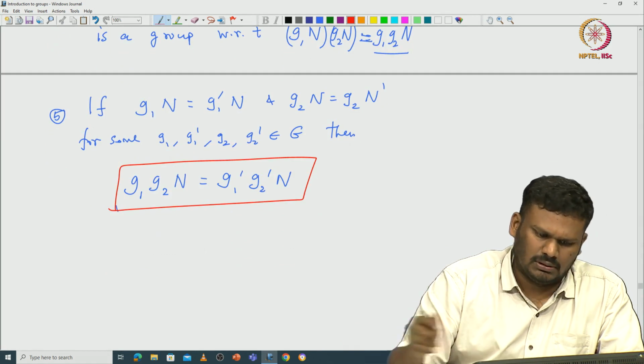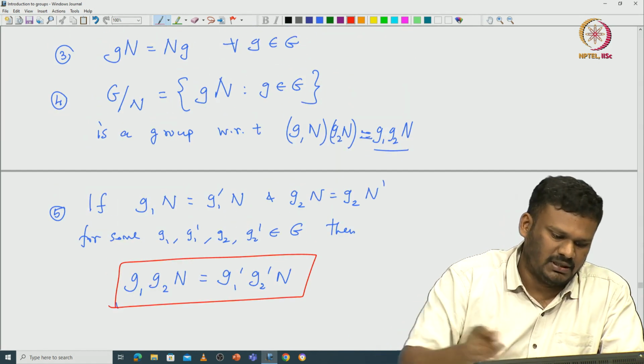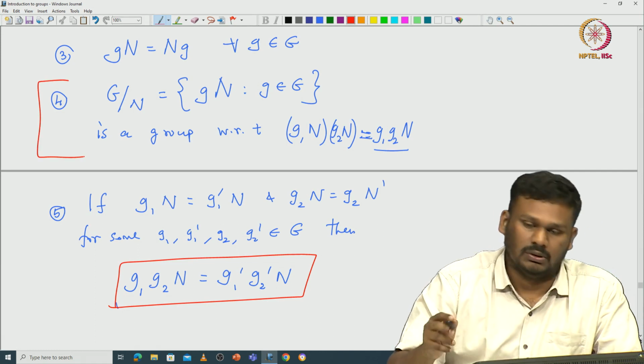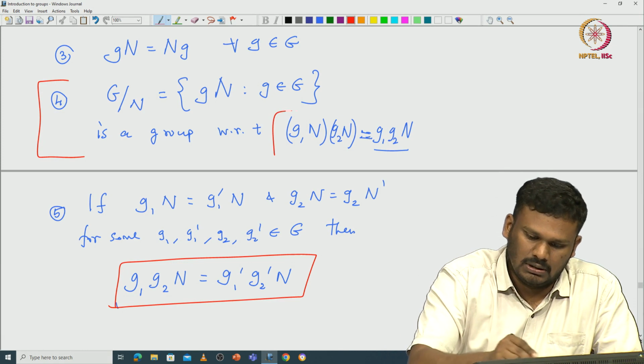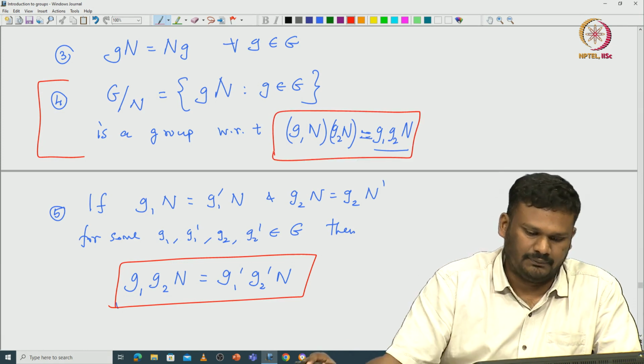Now the most important definition is the fourth one. Okay. So, this G modulo N is indeed a group with respect to this multiplication that we have defined.